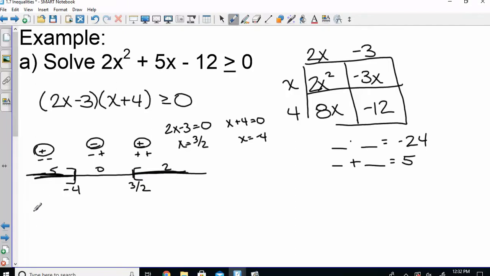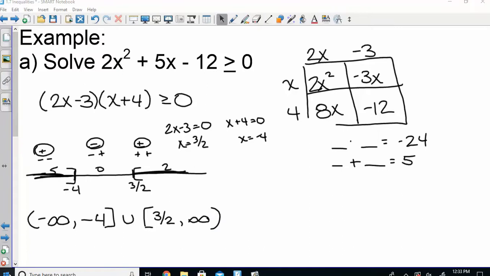So this first section is going forever in the negative direction, so that's coming from negative infinity. Infinities always get a parenthesis. Stops at negative 4, which gets a bracket. Union, bracket, 3 halves to positive infinity.